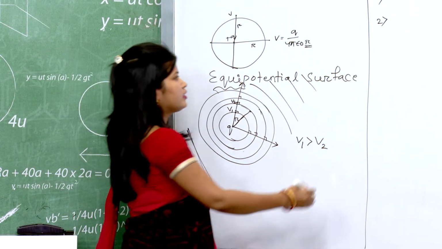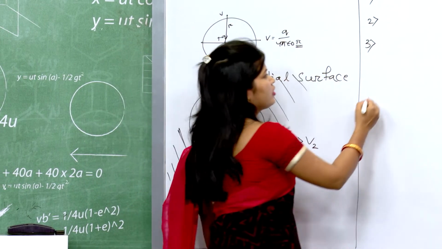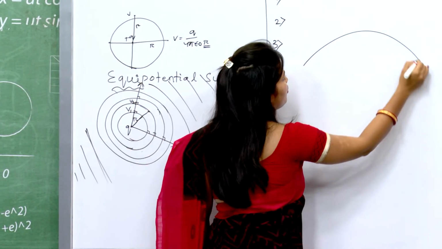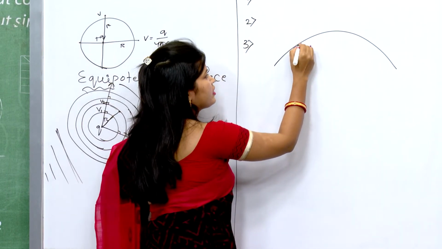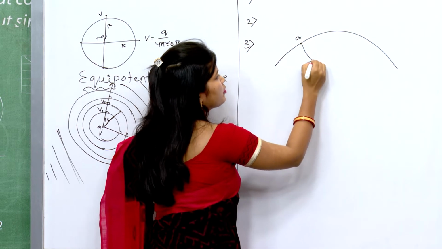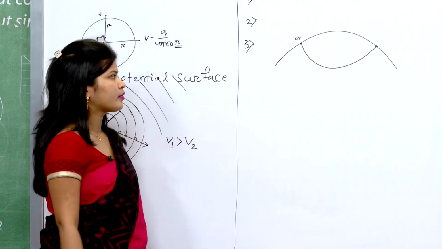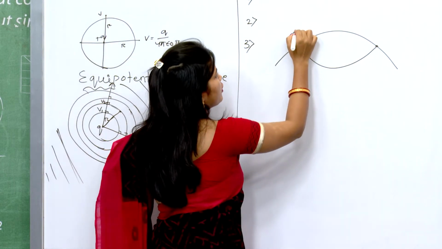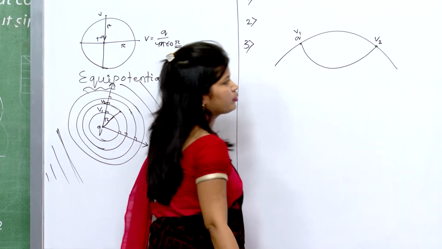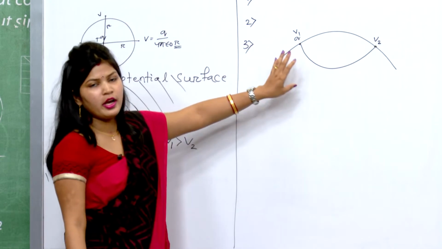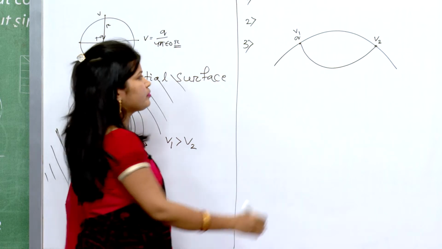The third one is the most important point. Suppose I have an equipotential surface like this, and I take a charge q from this point to this point. Here I have potential V1, here I have potential V2. Then how much work do I have to do taking this charge from this point to this point?